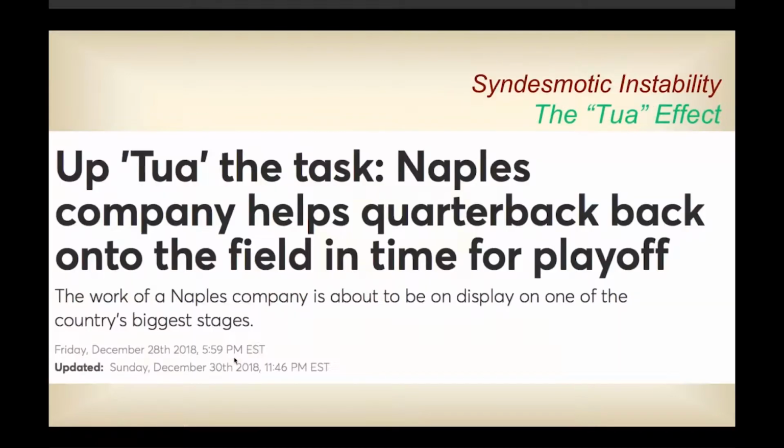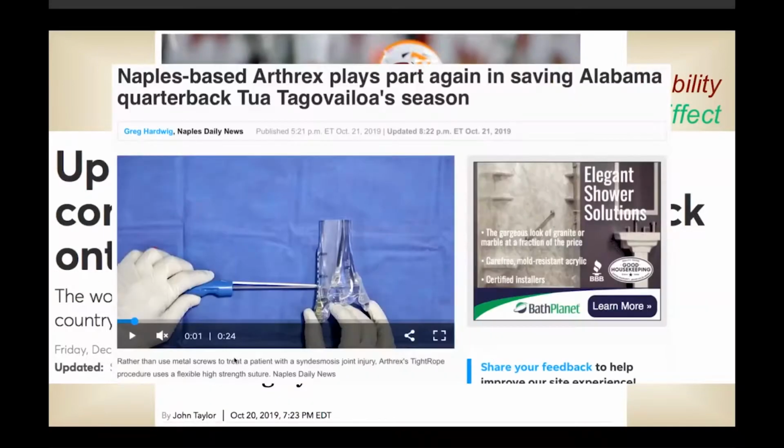As far as the whole TUA effect, we can't avoid this now that certainly this is out in the public domain. But the reality is we've known about suspensory fixation for a long time. This does not automatically mean that every syndesmotic injury needs to have tightropes placed to stabilize them.